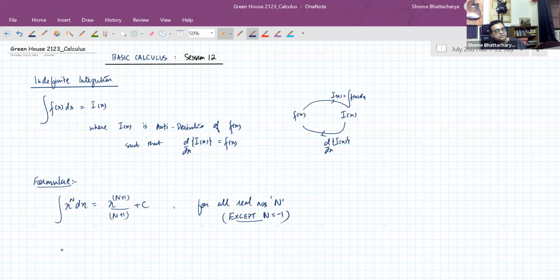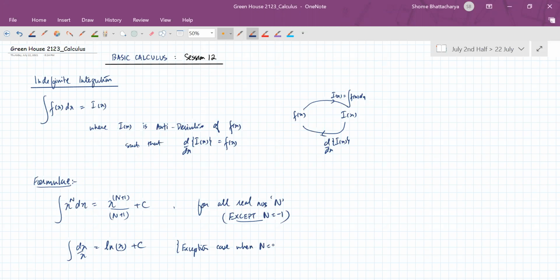That's an important exception. For the exception n equal to -1, the formula is ln x plus c. This is the exception case.